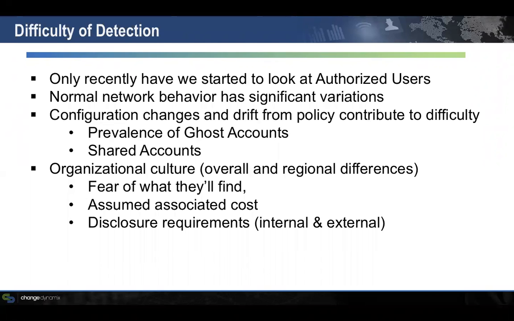Insider threats are a very sensitive subject for the organization. Maybe they feel there's some impugned guilt. Should they have screened the employee better? Should they have noticed something about them that would have triggered this? Should they have had better training? Was there something about their culture that they should have done better?